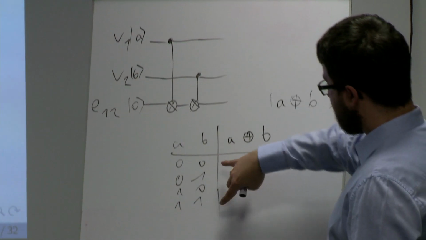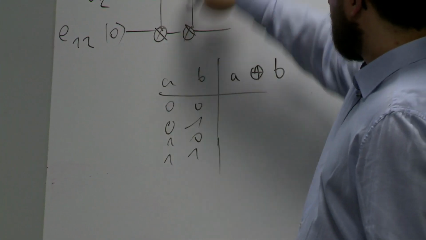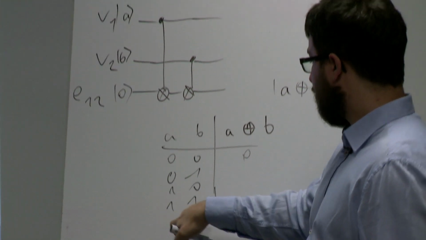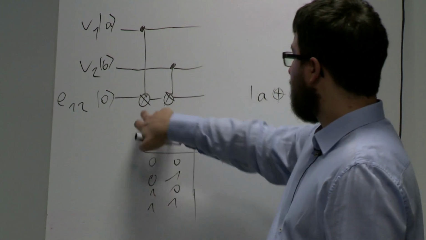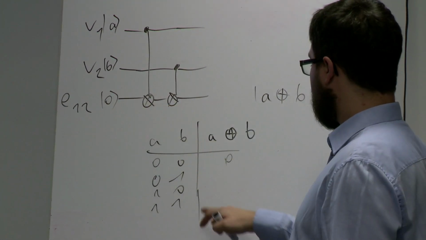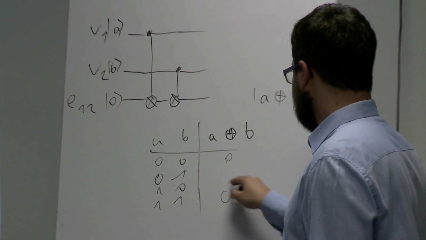If they are both 0, then we do not do anything, and we again have 0. If both are 1, then we apply node twice. So applying node twice doesn't change anything again.